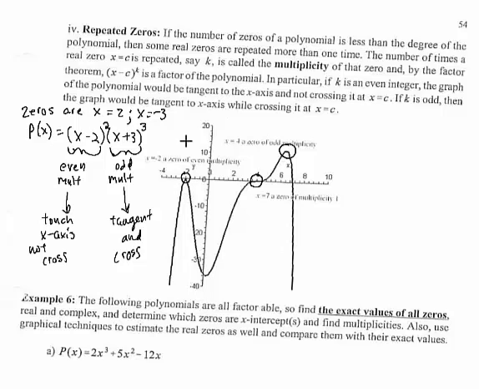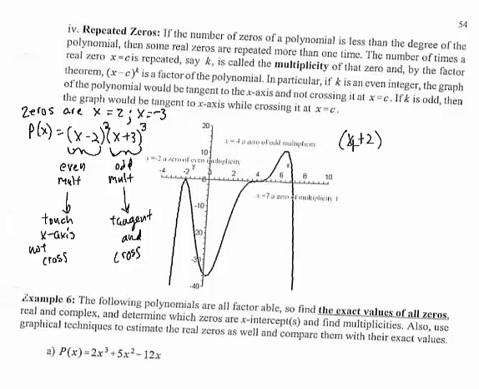So what about this one that's graphed here? We could say that one of the factors is x plus 2. And you see here that we touch the x-axis at x equals -2.